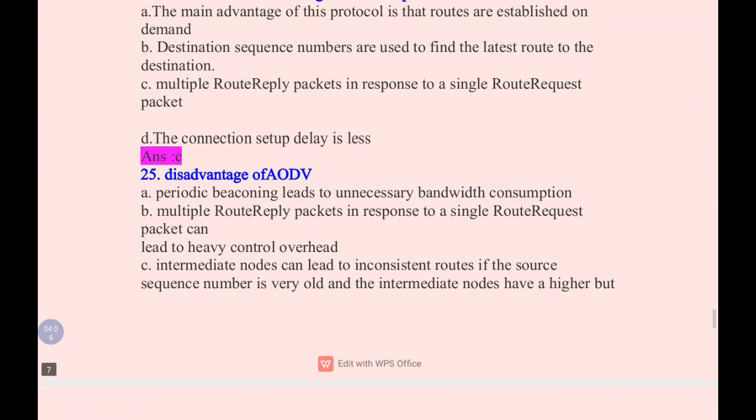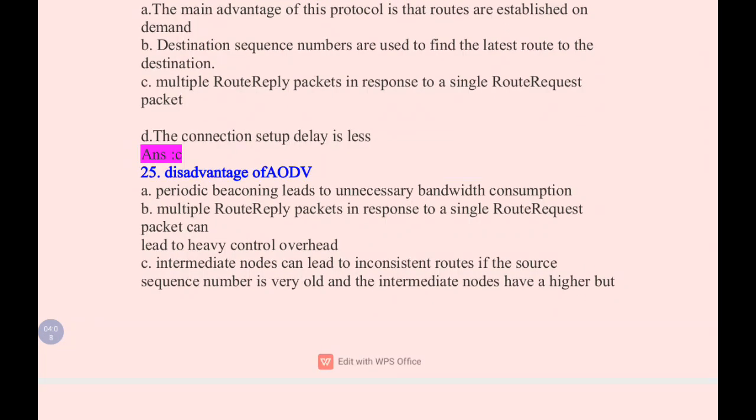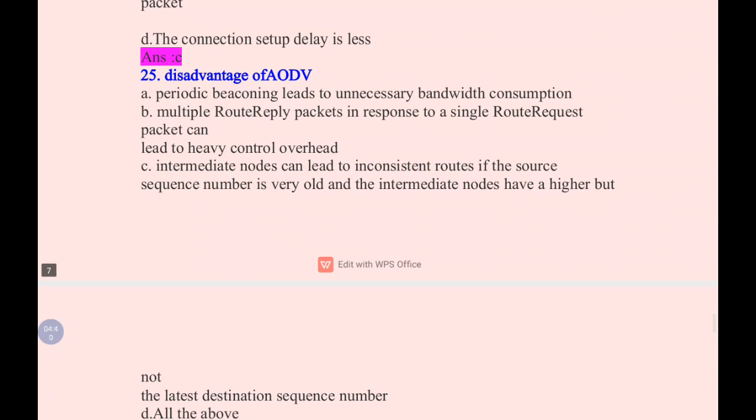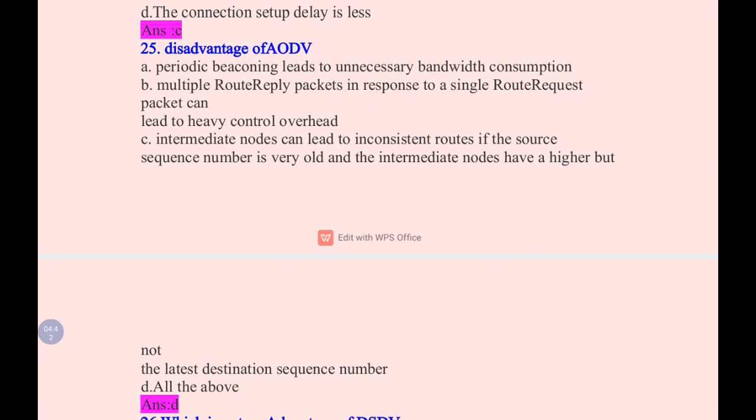Then the disadvantage of AODV. So again you have to read the disadvantages of this particular protocol. So in AODV the periodic beaconing leads to unnecessary bandwidth consumption, and multiple route reply packets in response to a single route request packet can lead to heavy control overhead, and intermediate nodes can lead to inconsistent routes if the source sequence number is very old and the intermediate nodes have a higher but not the latest destination sequence number.